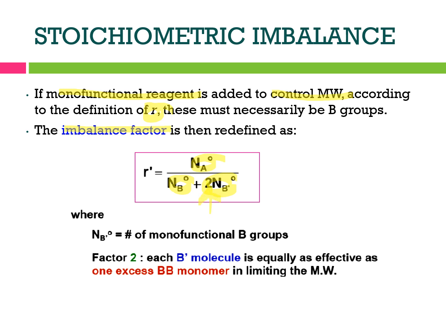The number 2 here is because each B' molecule is equally as effective as one excess BB monomer in limiting the molecular weight.